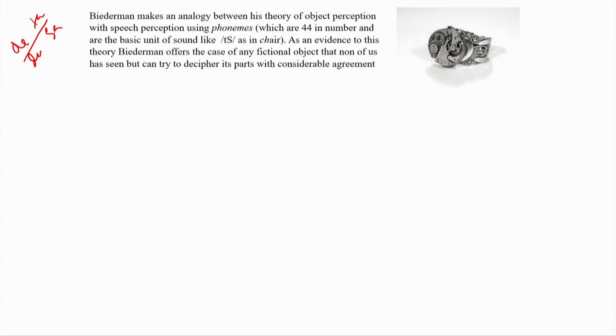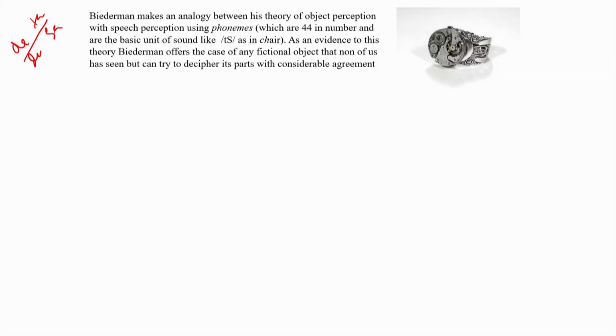For example, the da and ta phonemes are most confused, whereas the da and sa phonemes are less confused. And this is one of the basic tenets, or support, of this feature analysis model of perception.